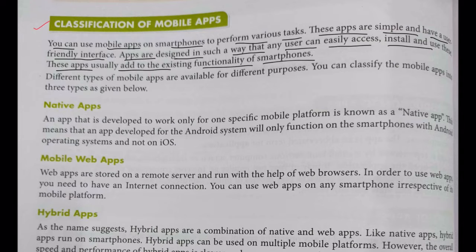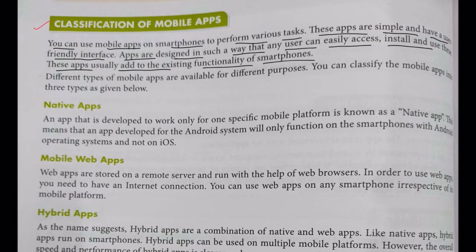So for that, Google developed an application called Google Maps. Using Google Maps, you have a user friendly interface, and you can easily access the information required regarding maps. GPS is an inbuilt feature, but right now you are using it very easily. Everything is made very easy for you to use.